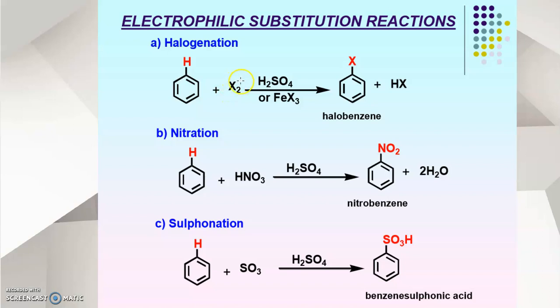So when it reacts with any type of halogen in the presence of sulfuric acid or FeX3, if here you have Br, your X3 is also Br3. So you can remember this reagent, it is very important.